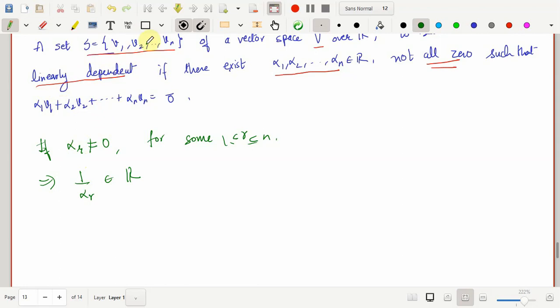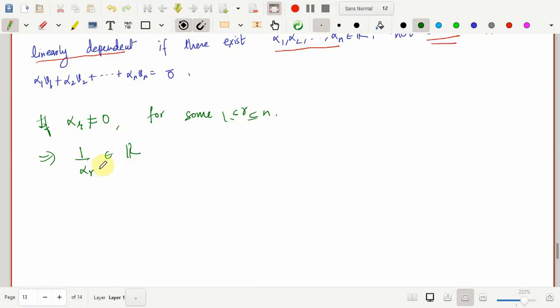So alpha 1 v1 plus alpha 2 v2, and since r is any natural number from 1 to n, somewhere here alpha r Vr, and this goes on till alpha n Vn is equal to the 0 vector.